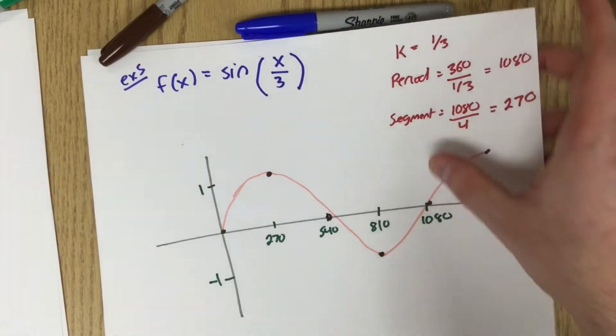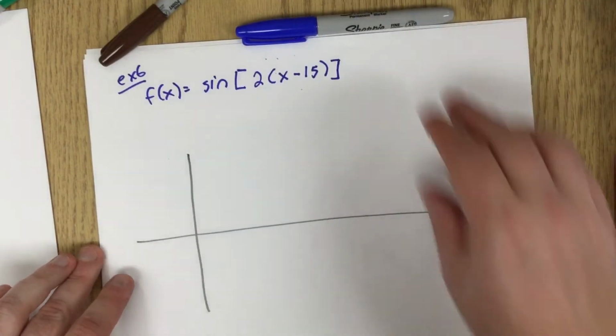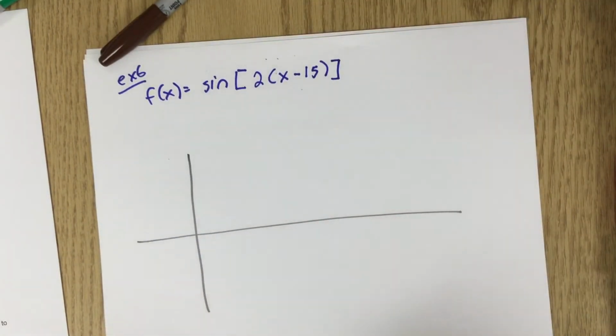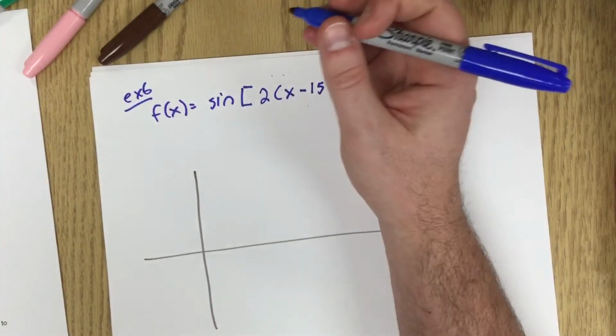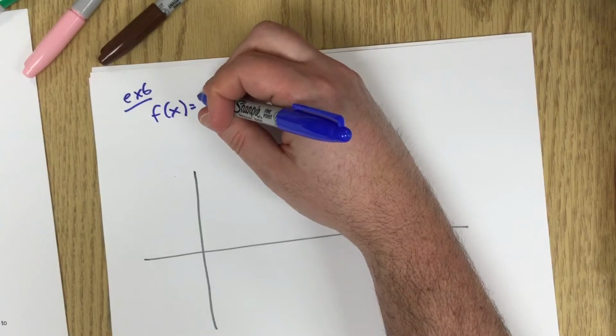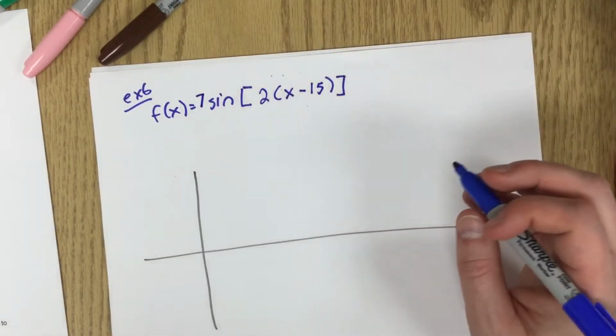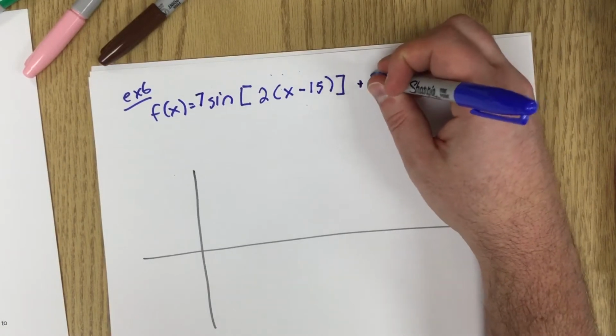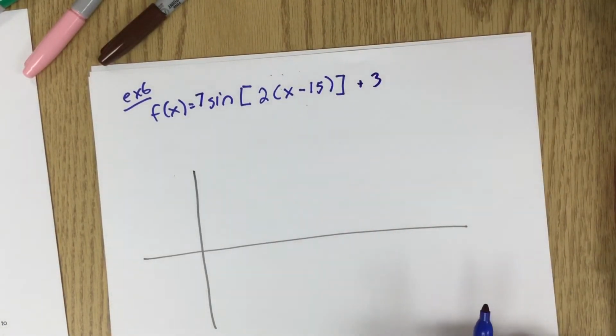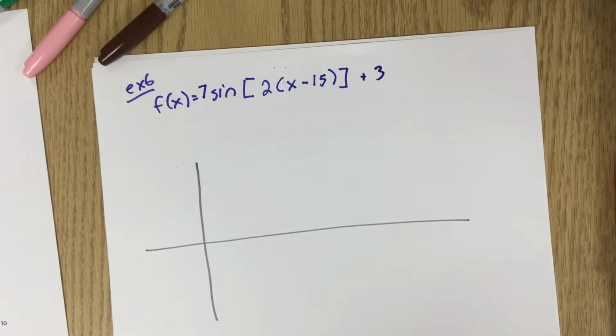So let's put some of this stuff together. Let's change it. I think we could do the whole big kablooey. So we're going to say that it's 7 sine of 2 times x minus 15, plus 3. So there we go. Let's graph this whole thing.